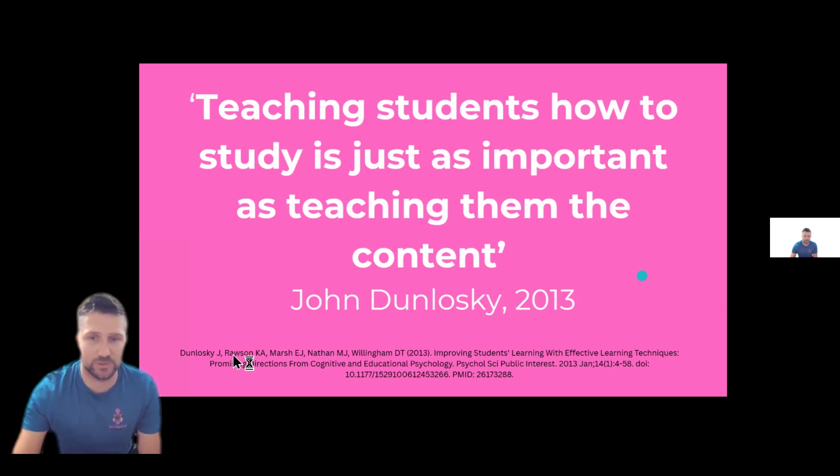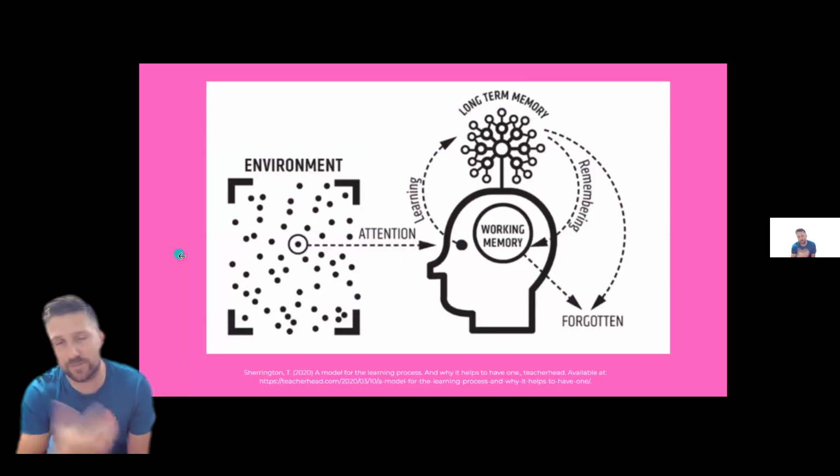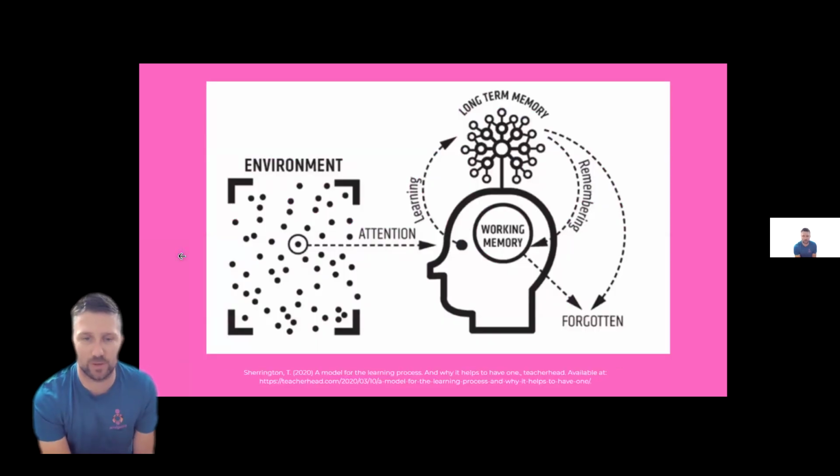Some really nice questions there. And someone has just asked, can I put up the slide with this one last time? Absolutely. One of my favorite images, you will see this across all the webinars I use, from Tom Sherrington, a model for learning processes drawn by Ali Cav, I believe. It's all available at that blog there.